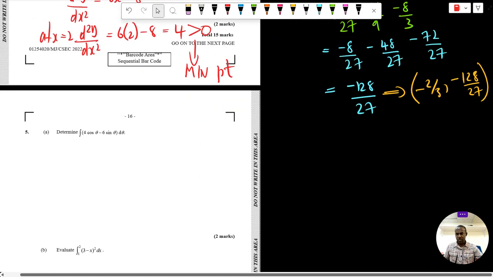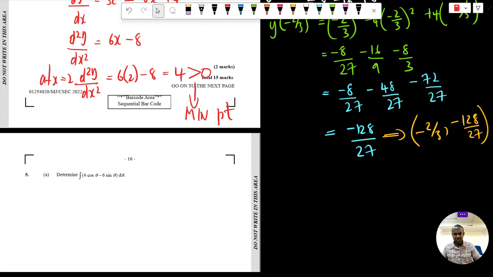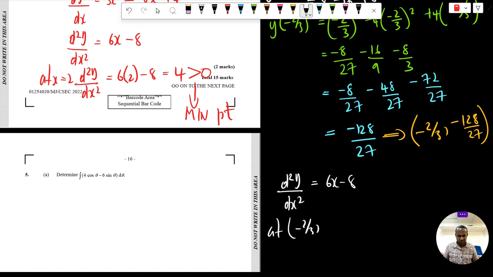Let's just work it out here. So once again, let's write down the expression for the second derivative. d2y by dx squared is equal to 6x minus 8. And of course, at the point minus 2/3, minus 128 over 27, d2y by dx squared is equal to 6 times minus 2/3 minus 8.